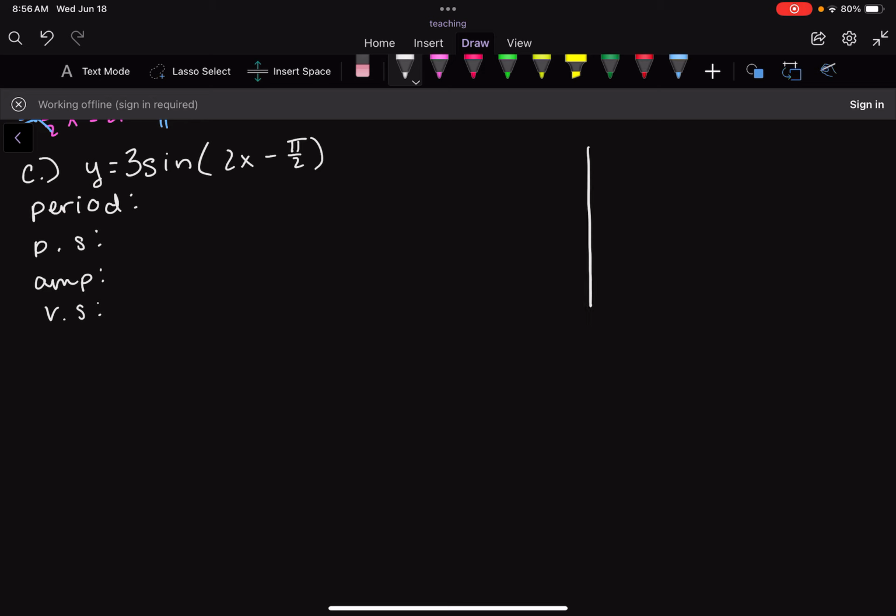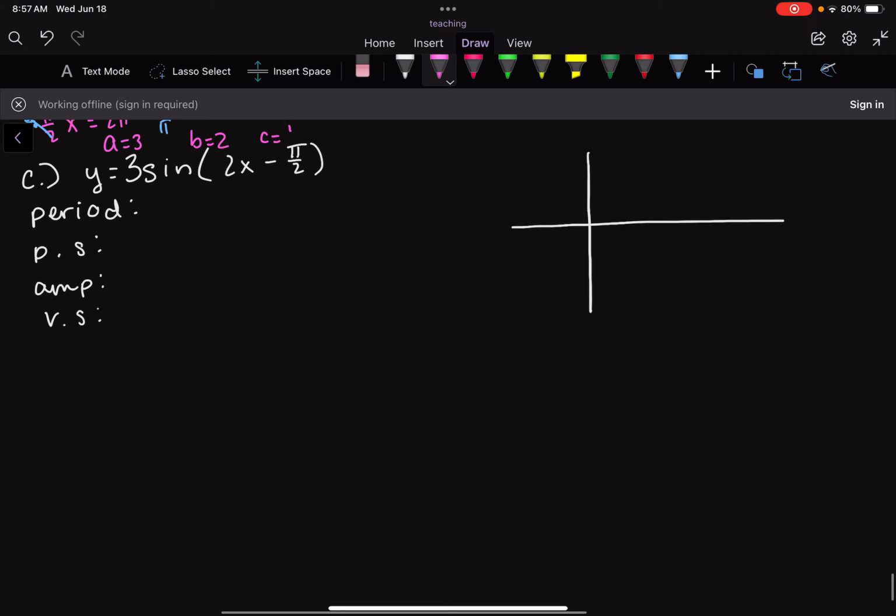And I'll put my graph over here. I like to label, so my A value is 3, my B value is 2, my C value is pi over 2, and my D value is 0. I don't have one.